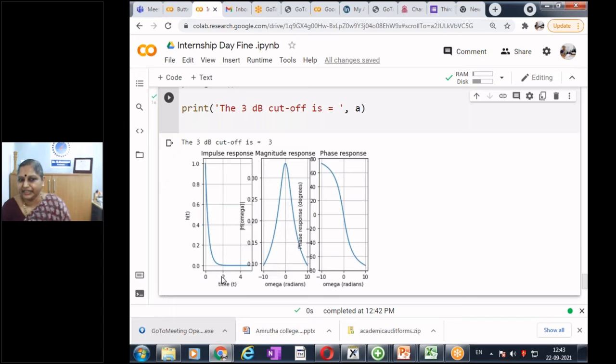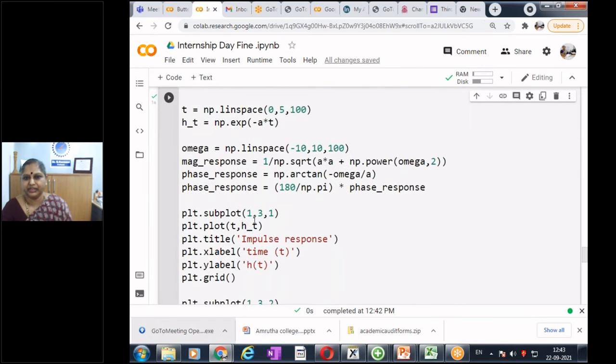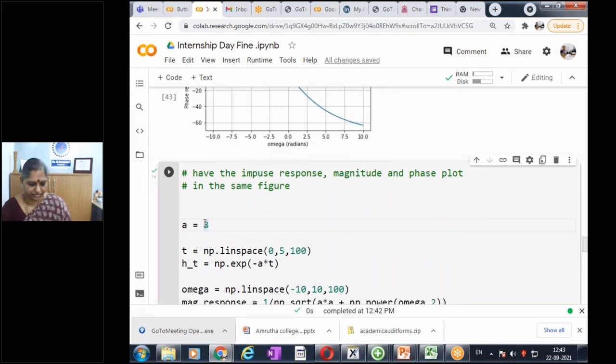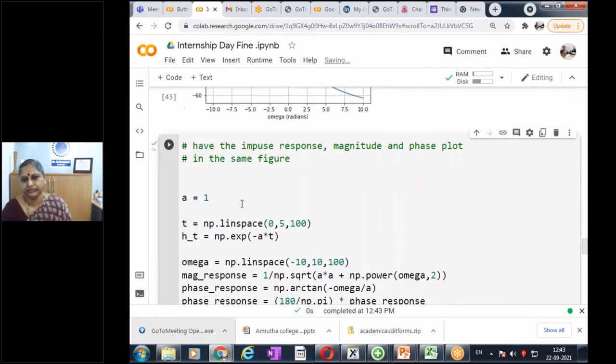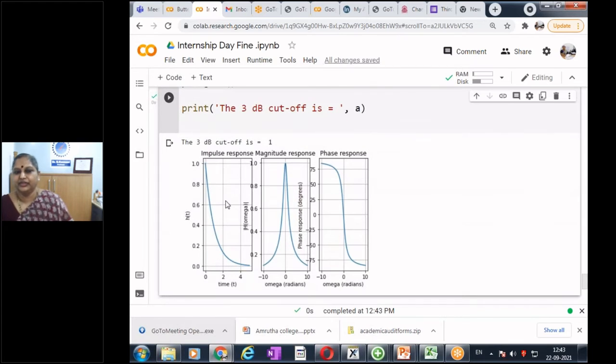Let me make A equal to 1. Increases. Yes.